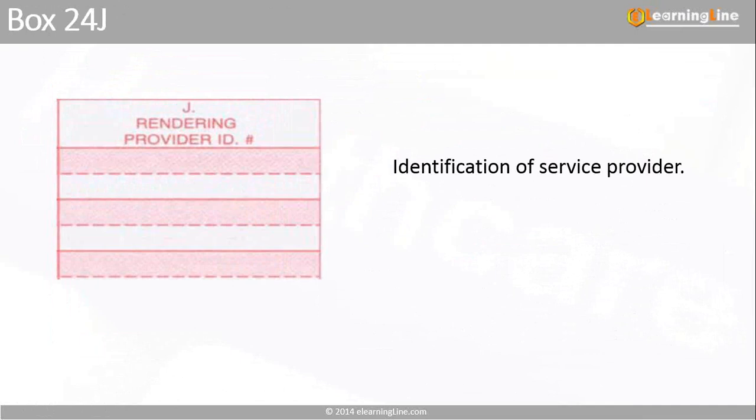Identification of service provider, very important. How do you find where your service provider is? If the information is entered over here, you will have the provider ID also, which is your rendering provider details, which you can enter over here.